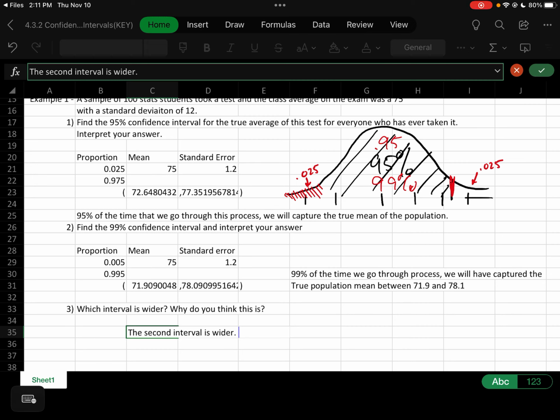So the larger the interval, the more likely it is that I captured the mean. I could say with 100% confidence that I've captured the mean if I said that the range of values was between 0 and 100. But that doesn't give us a very narrow interval to work with. The second interval is wider because we need a wider interval to have more confidence that we have captured the population mean.